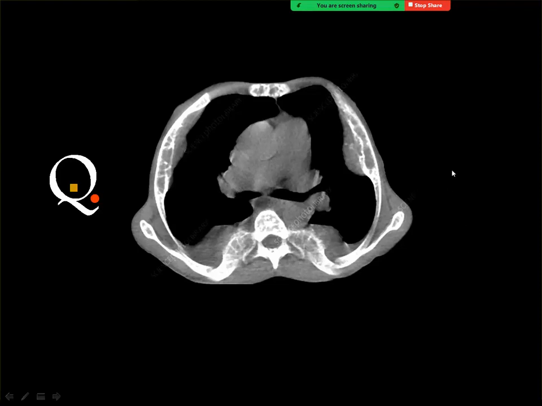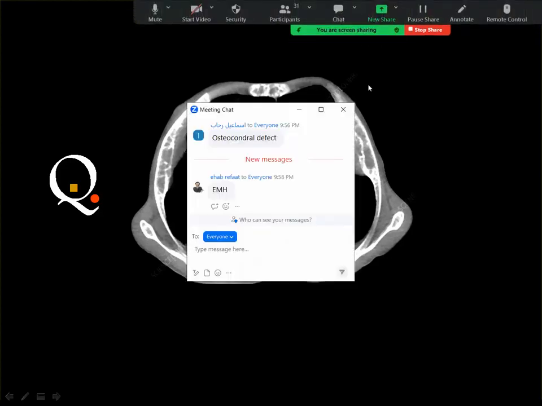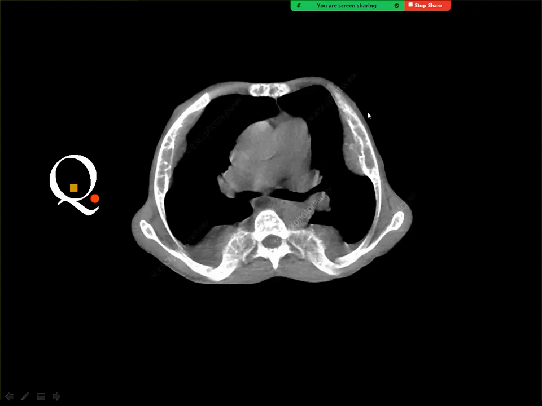a thoracic CT scan of a child, as you can see, and there are multiple lesions in the ribs. Okay, and this is extramedullary hematopoiesis.